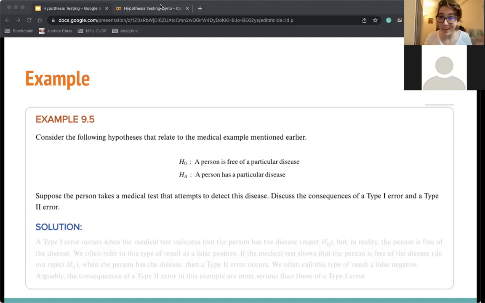I definitely am not very well versed in medical subject matters, but let's just say, for example, we found evidence through a test to say that this person is likely to have the disease. That would be our alternative. So we need to collect evidence to reject this null hypothesis and say this person is free of a disease in order for us to suggest that this person actually had the disease.